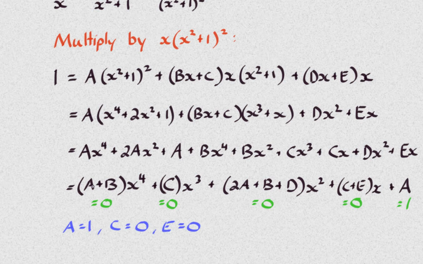A plus b, well, if a is 1, then b must be negative 1 in order for this sum to be 0. And so the only letter we now don't know is d. Here, 2 lots of a, so 2 plus b, so that's negative 1, so 2 minus 1 is 1.